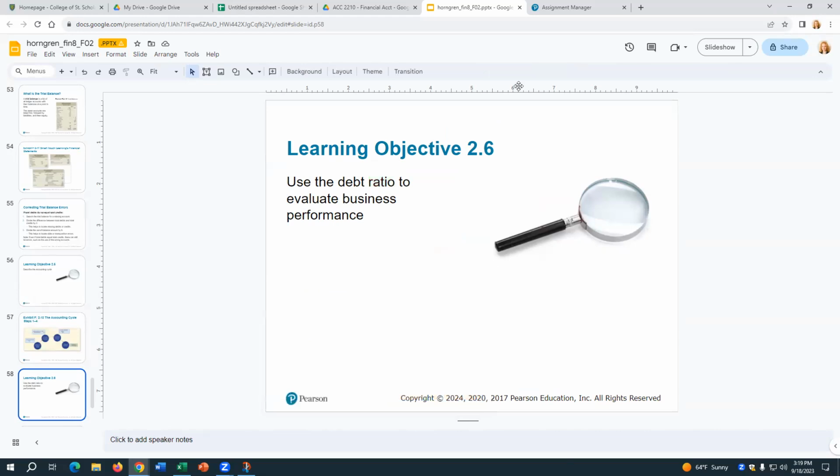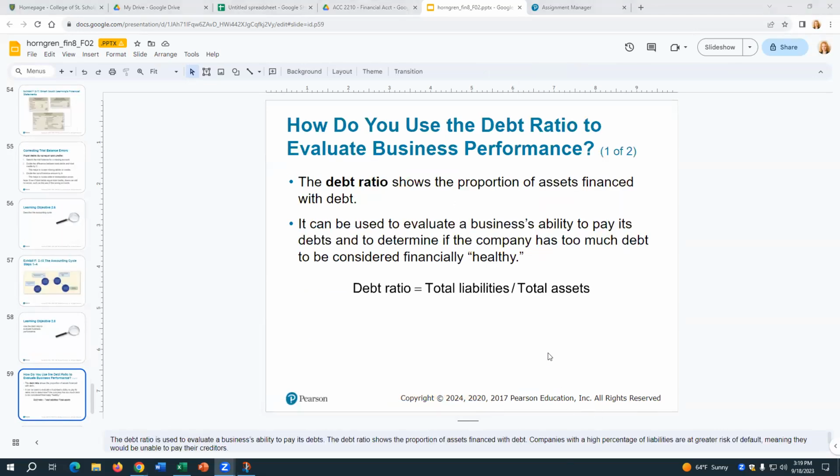So the debt ratio looks at the comparison between our total liabilities and our total assets. Once we've done that whole process and we've got all of our account balances for the end of the period, we can take our total liabilities divided by our total assets, and it'll tell us if we have more liabilities than assets, and if so, how out of whack we are. And the nice thing is it also gives us a basis for comparison to other organizations.